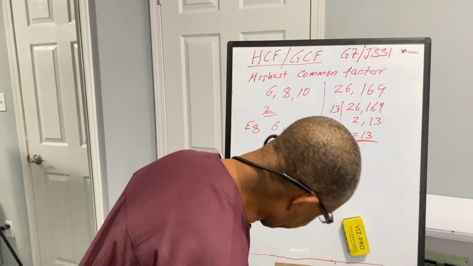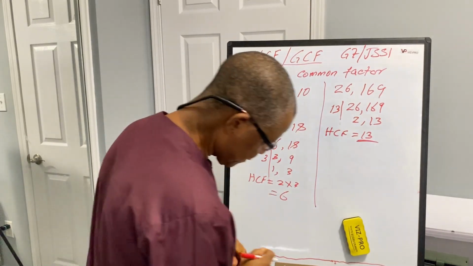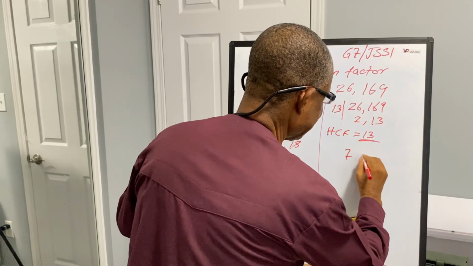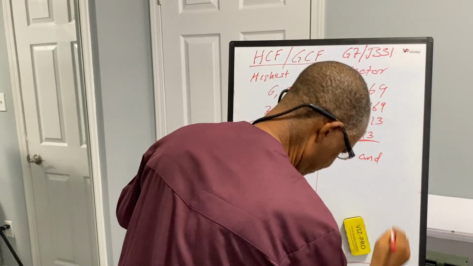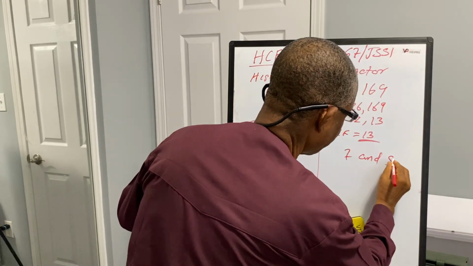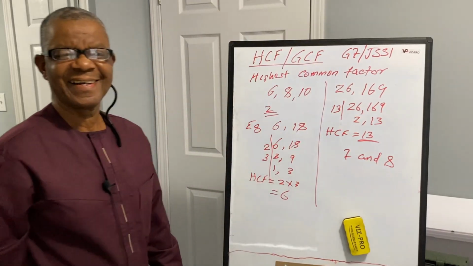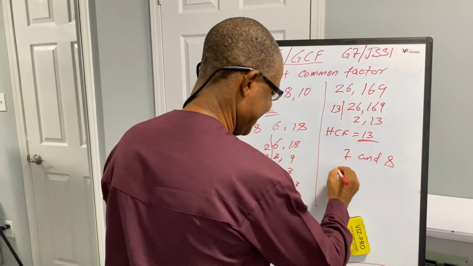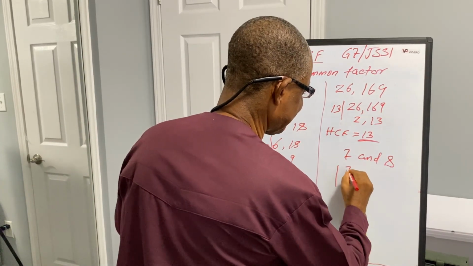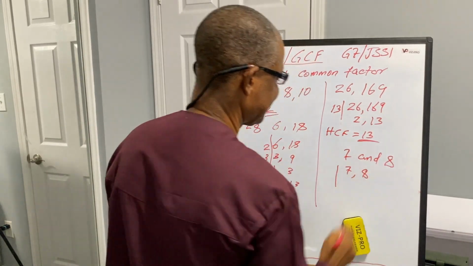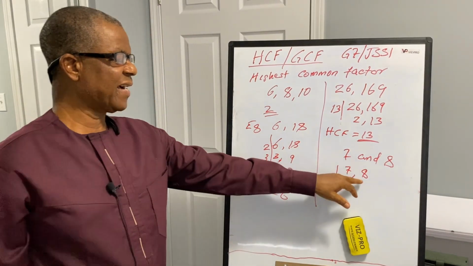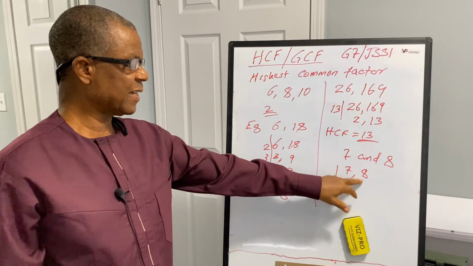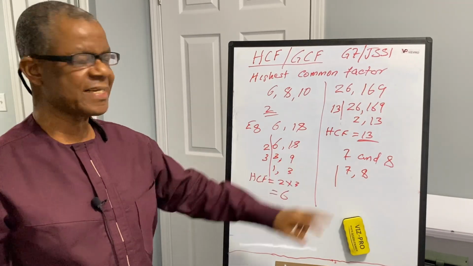Let's have example 3, something like 7 and 8. We are asked to find the HCF of 7 and 8. We have our 7, we have our 8. 2 can divide 8 without a remainder, but 2 cannot divide 7. 4 can divide 8 without a remainder, 4 cannot divide 7.